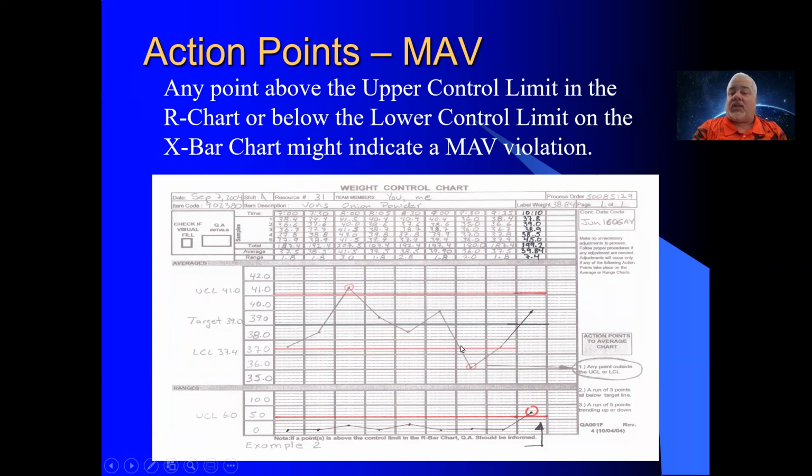So the assumption is McCormick is running machinery that is at specifications, well within MAV violation limits. And so that's why they can say any point below the lower control limit on the X bar chart or above the upper control limit, the only control limit on the R chart, would indicate a potential MAV violation.